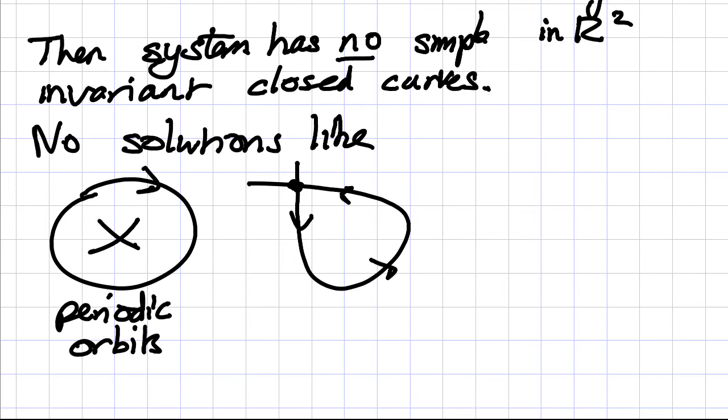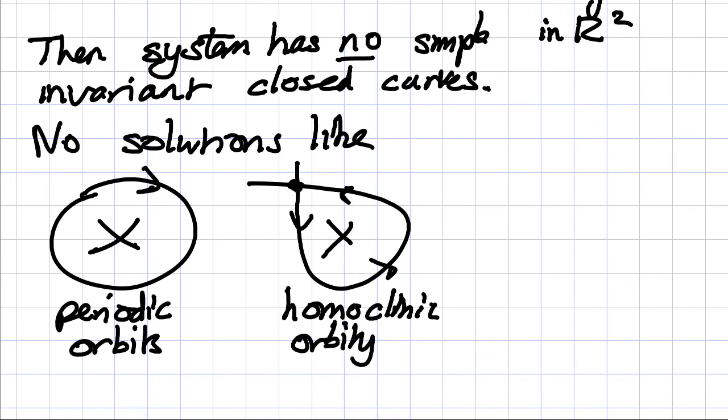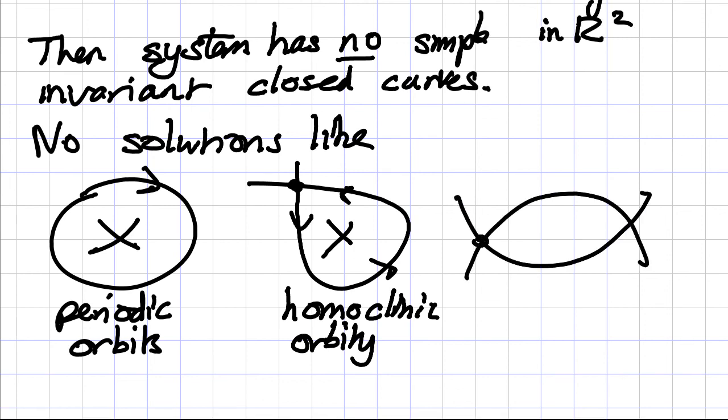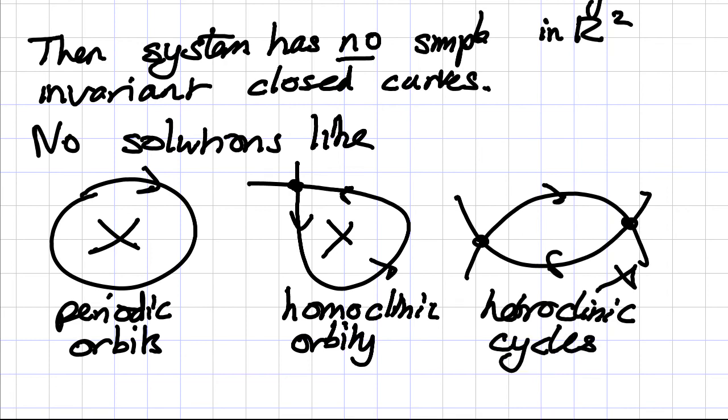So none of these. No homoclinic orbits. And no heteroclinic cycles. So things we saw with the finite amplitude pendulum. So Bendixson's criterion is a way of showing that there's no periodic orbits in the system.